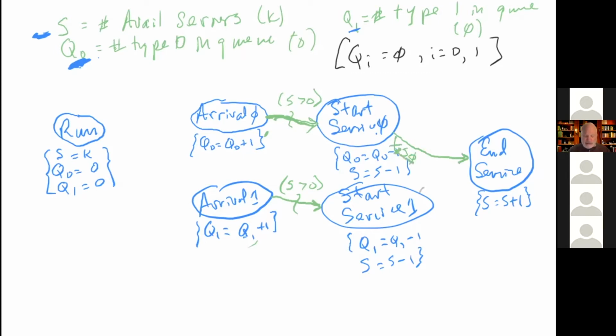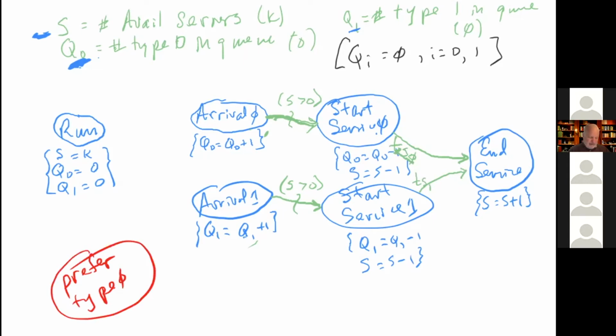And likewise, when I start service on a 1, I can schedule an end service with a delay of a service time of 1. Okay, so far everything has been more or less analogous to what we've had in the multiple server queue. But now we need to worry about the fact that we prefer type 0.